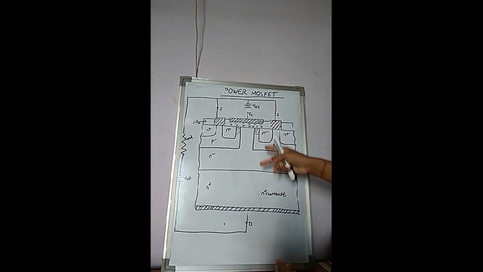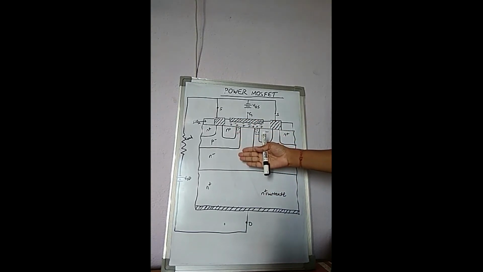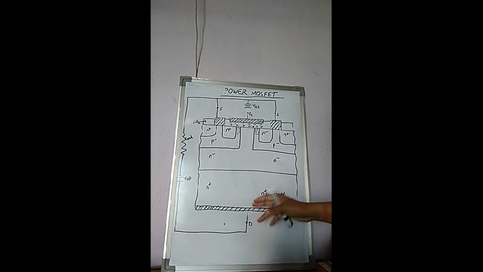If the thickness is less, then the voltage blocking capability is less. On one side of the n plus substrate we epitaxially grow the n minus layer, and on the other side a metal layer is deposited which forms the drain terminal.